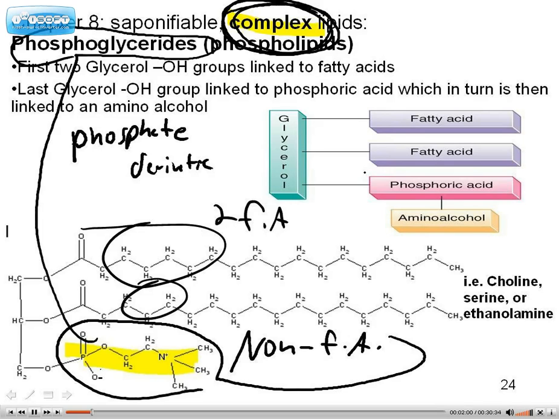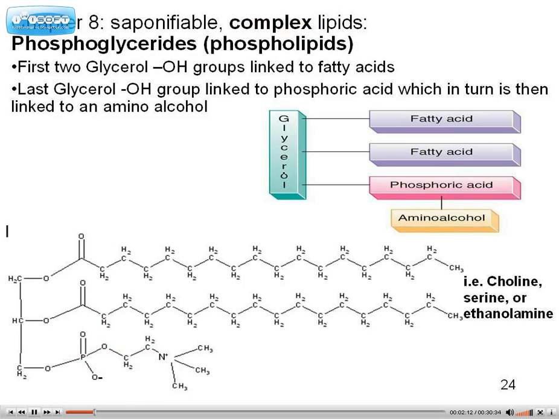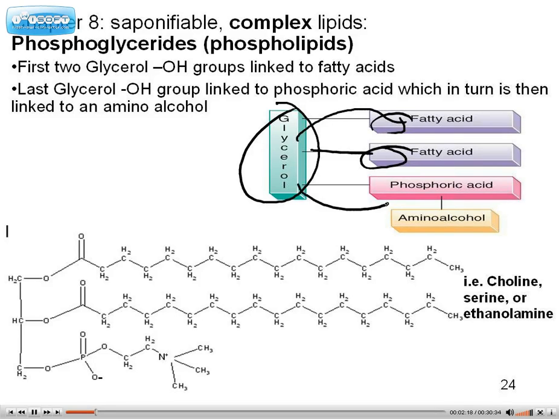So in this case, for the complex lipids, in this example, it's going to be a phosphate group, so we call it a phosphoglyceride. The phosphoglycerides, again, are made up of the glycerol, 2 fatty acids, and then a 3rd non-fatty acid we call a phosphate derivative. Very, very simple.